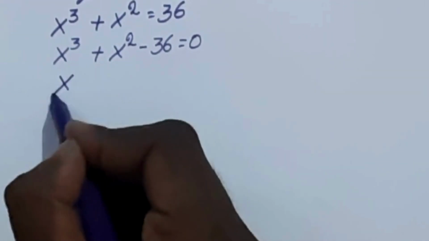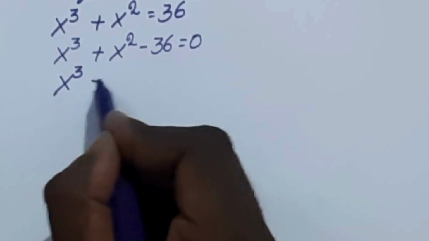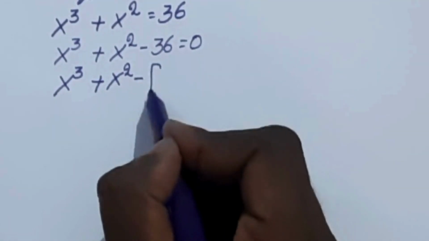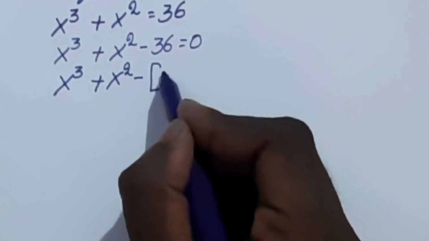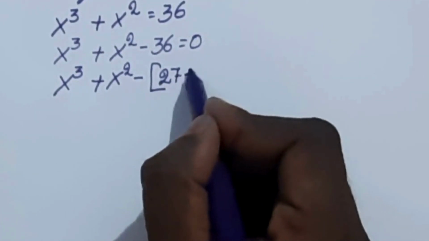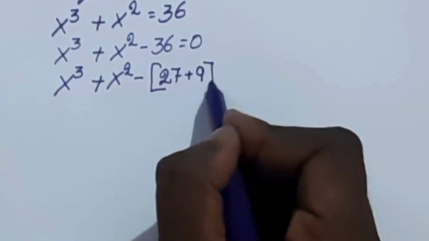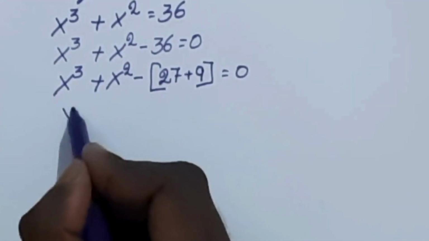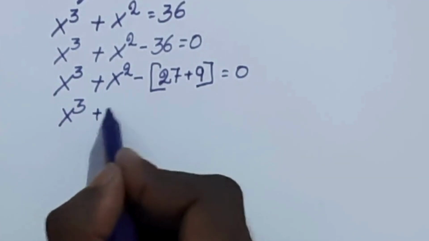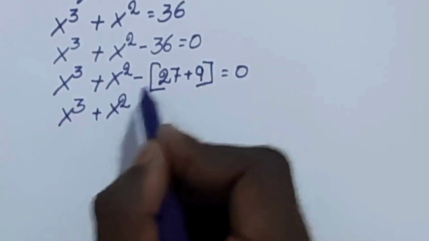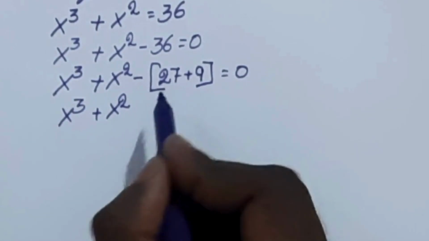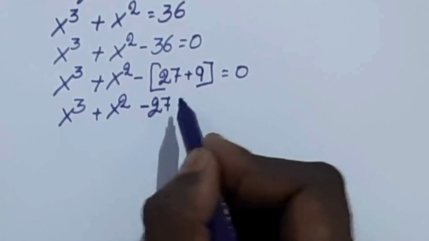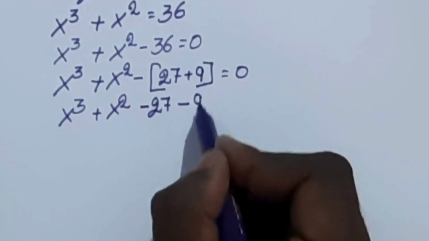Now x^3 + x^2 - 36 can be written as x^3 + x^2 - 27 - 9 = 0, since multiplying the minus inside the bracket gives minus 27 minus 9.